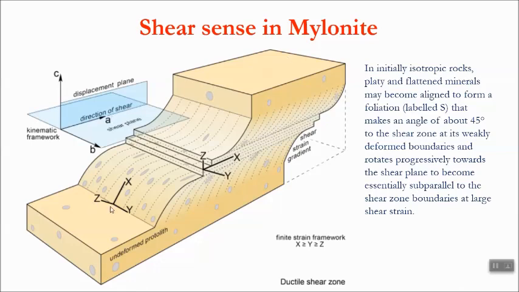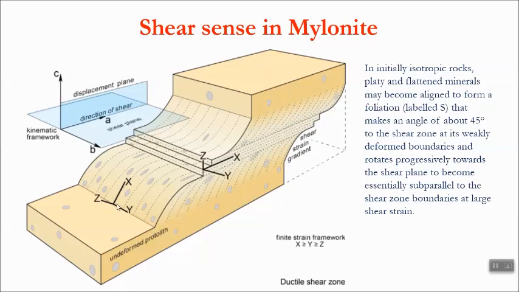Now if we see the strain ellipsoid, it will have three components. X will be the component of the longest strain, and Z will be the component of the least strain. Like we have sigma 1, sigma 2, sigma 3 for stress, here for strain we have x, y, z. So x is the longest strain and z is the shortest strain.